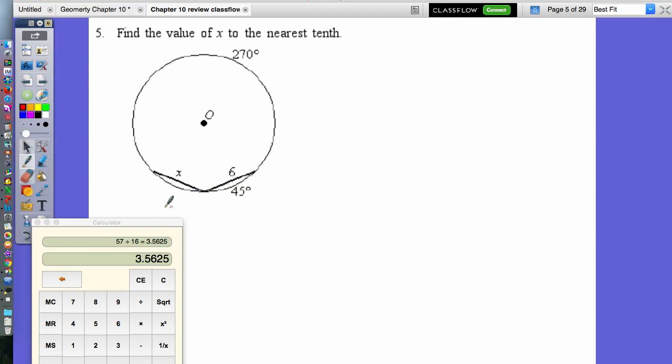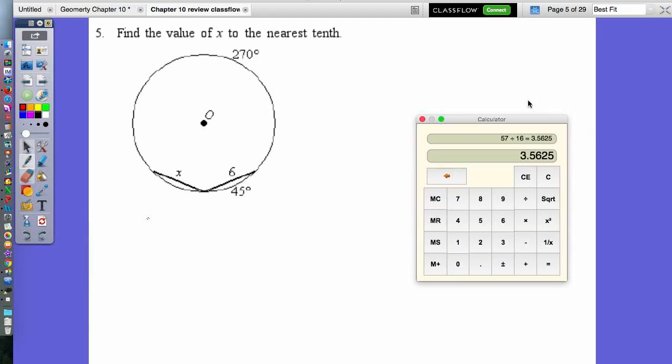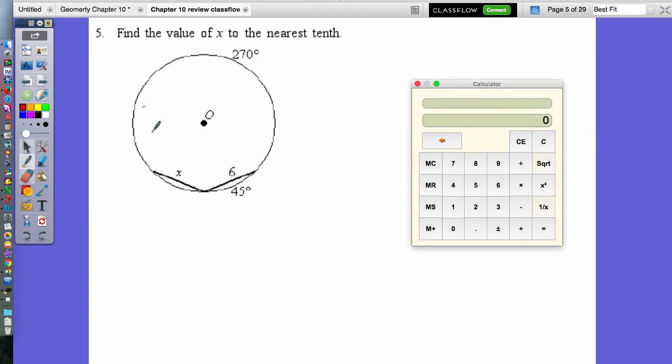Number 5. This one I get a little nervous when I'm doing it. This is a circle, it's 360 degrees. I'm going to subtract the first known arc, which is 270, and I'm going to subtract the second known arc, which is 45. That leaves me with 45, so that's good.